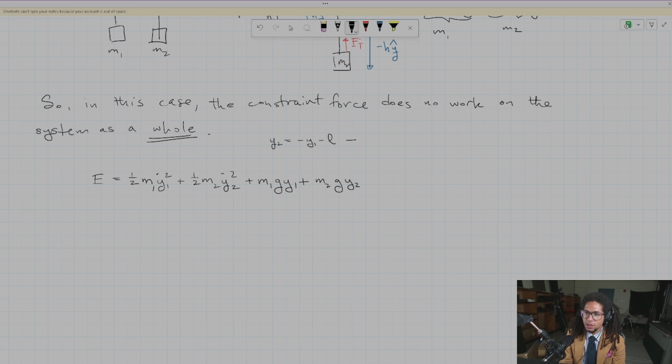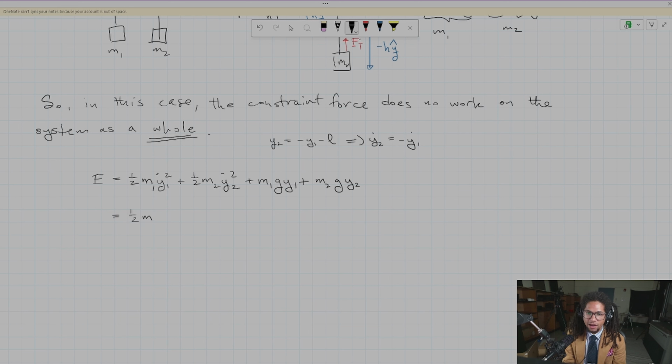The first is that y2 dot is just minus y1 dot. And the second is that I can plug all of that into this equation and rewrite it in terms of a single variable. And that's how I get back to an energy that depends just on a single variable.